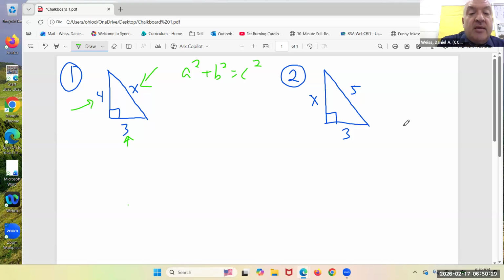Before you even do anything on your calculator, make sure you understand 3 squared plus 4 squared equals x squared. So 9 plus 16 equals x squared. 25 equals x squared. So you take the square root and you get 5.